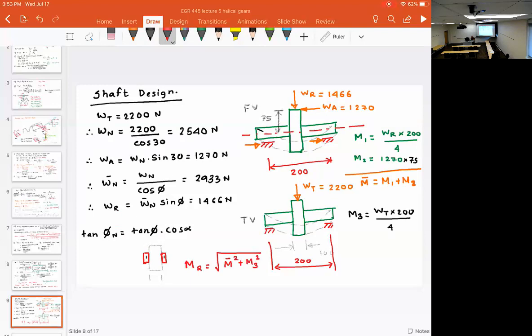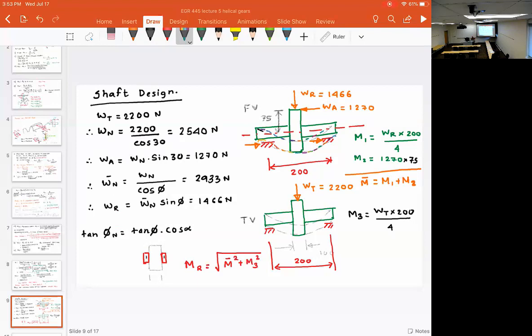This axial load is bending the shaft, and if you think about it for a second, the shaft is gonna get bent something like this. It's going to bend the shaft in the same direction as WR is bending.